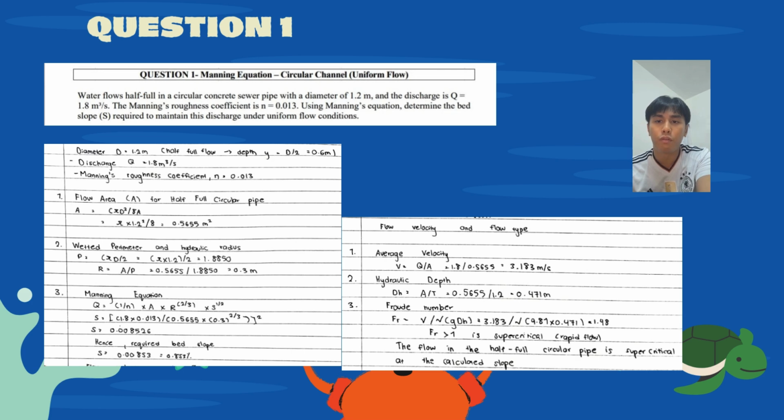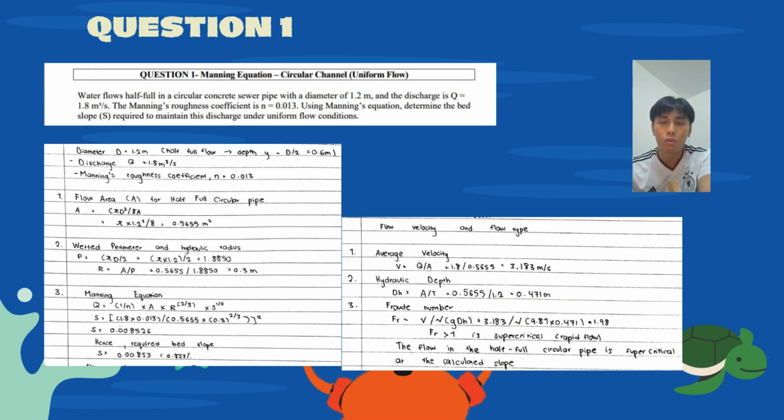So we need to find the flow area for a half full circular pipe, A equals pi d power of 2 divided by 8. So we get 0.5655 meter power of 2. Second, we need to find the wetted perimeter and hydraulic radius.